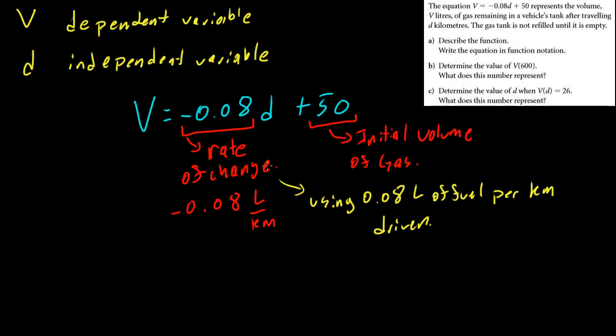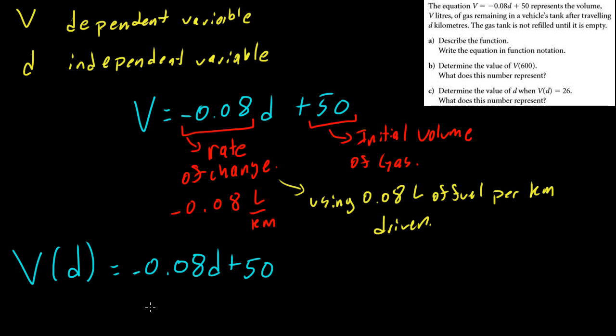Now, if we're going to do function notation, what we have to realize is that v is a function of d. V, my volume, is a function of distance being driven. So our function notation for the equation is basically the equation itself.